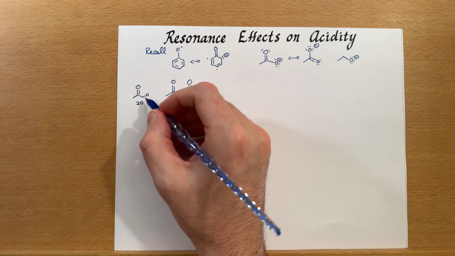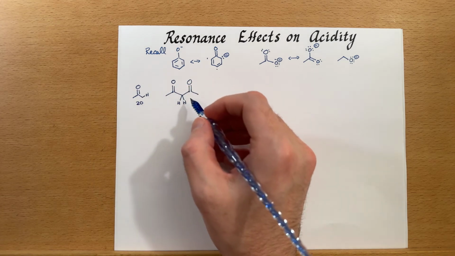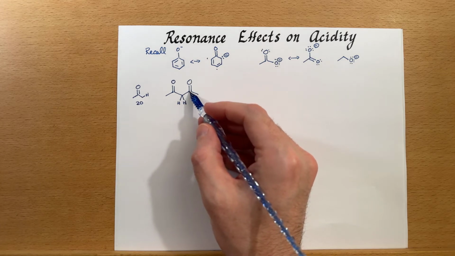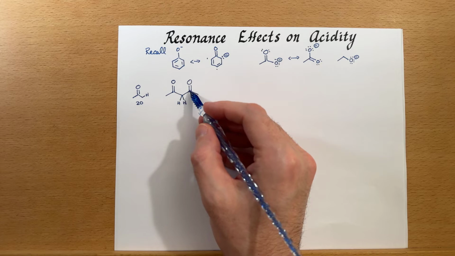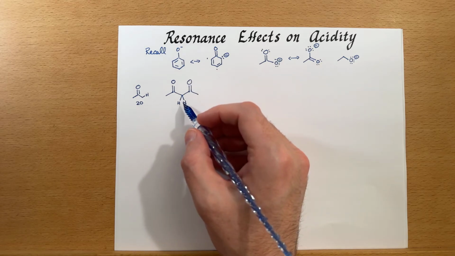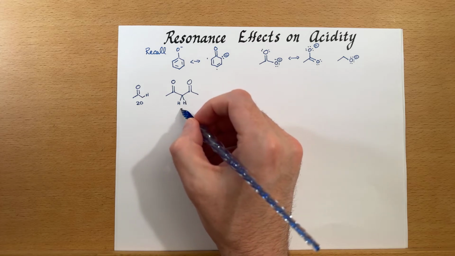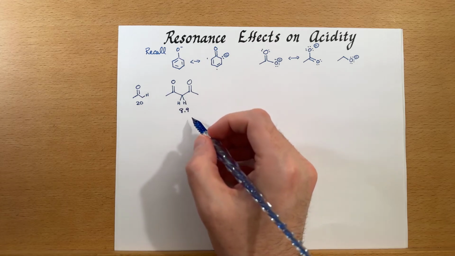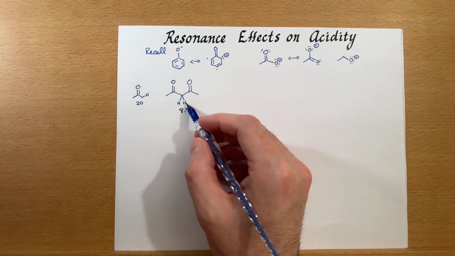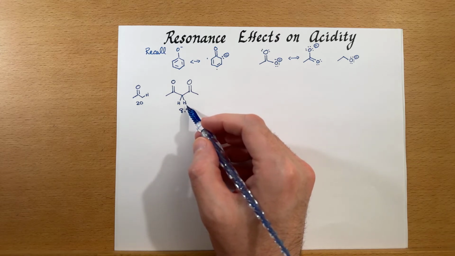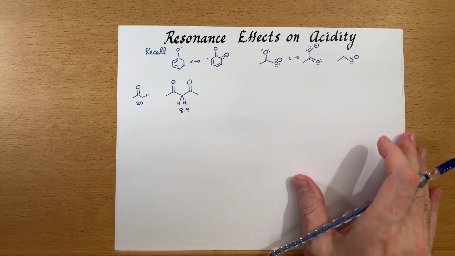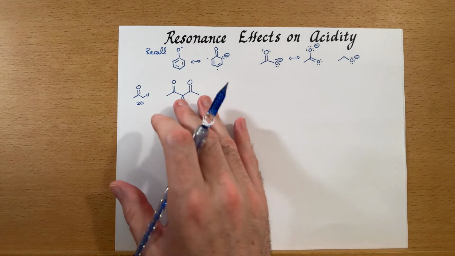So they're relatively hard to pull off. These protons, which are also alpha protons, they're right next to a carbonyl, actually they're next to 2, are a lot more acidic at 8.9 pKa. It's very easy to pull off these protons. You can do it with regular kind of bases like an NaOH. You could just take that right off.